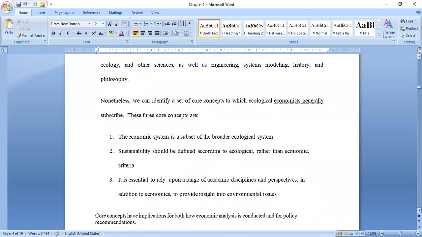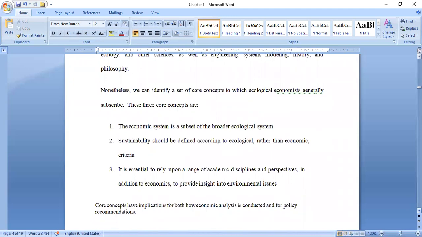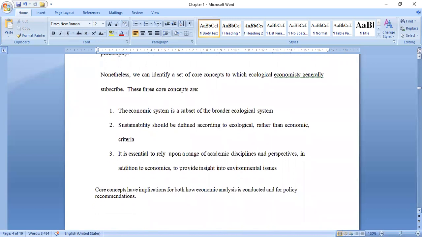So we identify that we have ecological economists, and these ecological economists basically have three core concepts that they base ecological economics on. For them, they say that an economic system is a subset of the broader ecological system, like we are going to find out.